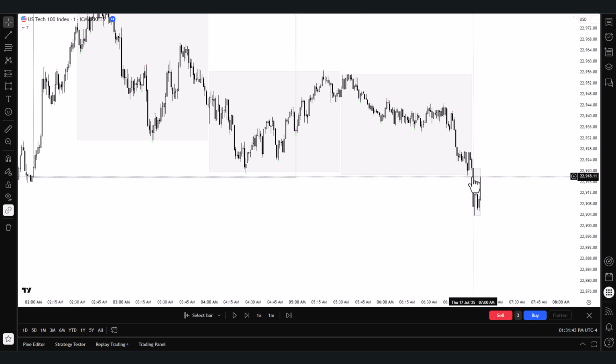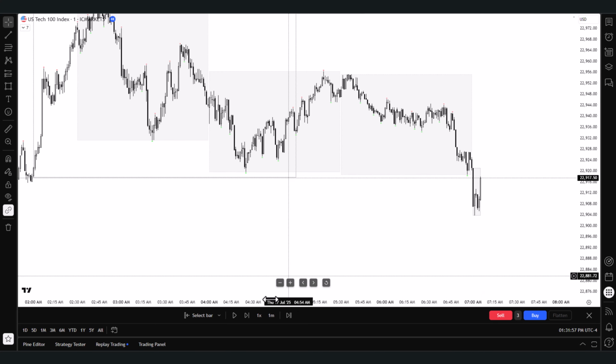New York just opened. Instantly, New York sweeps both London's low and also the previous 90-minute cycle's low. Let's wait for our macro timing to enter a trade.